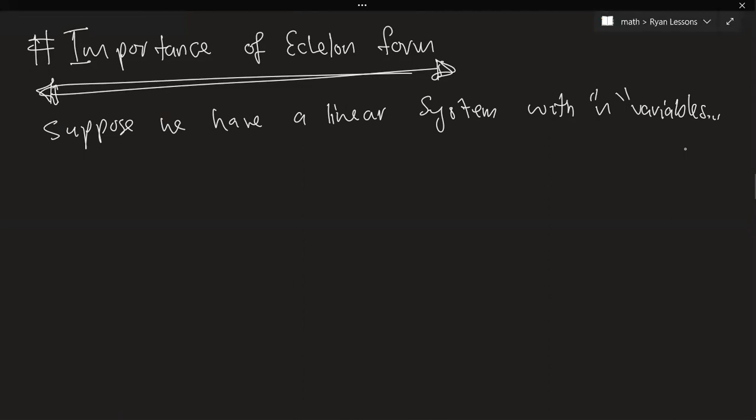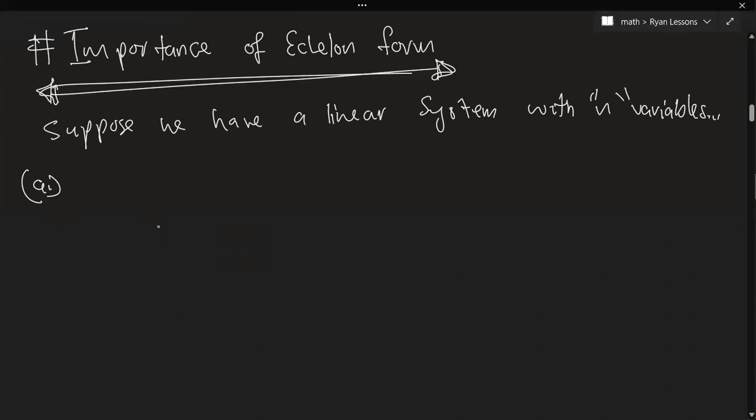Then there are three cases that can arise when you consider that system and you express it in its echelon form. There are always three important cases that can arise most of the time.